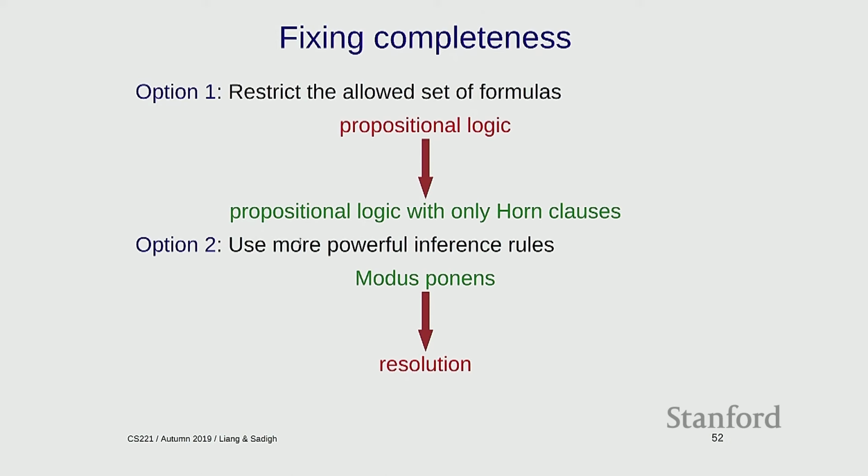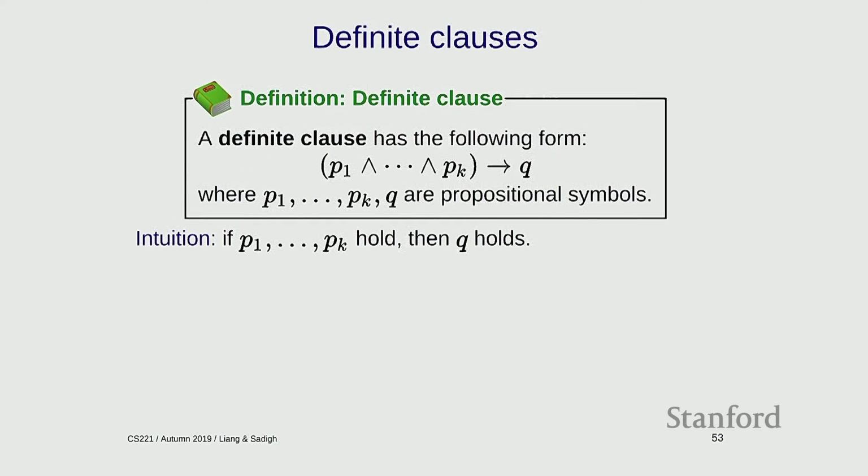Today, we're going to restrict propositional logic to make it complete. Next time, we're going to show how resolution, an even more powerful inference rule, can be used to make any arbitrary inferences. And this is what's powering the system that I showed you.